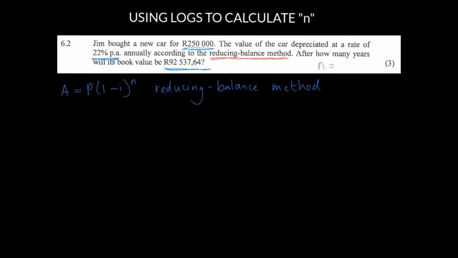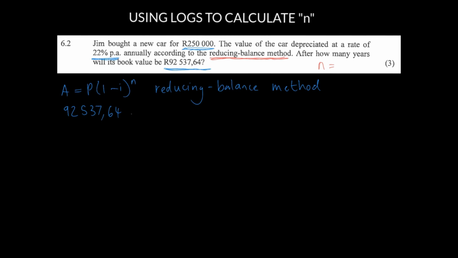So the reducing balance method means using A equals P(1 minus i) to the power of n. But we've got to be careful not to confuse this with compound interest. Remember, A represents what it's going to be worth in the future. So that means the car will have reduced to a value of 92,537 Rand 64 after a certain number of years.